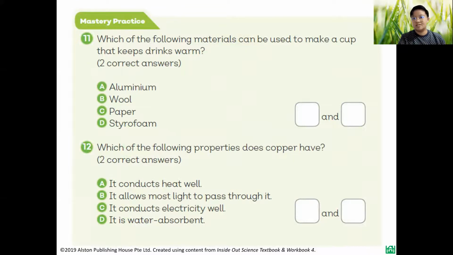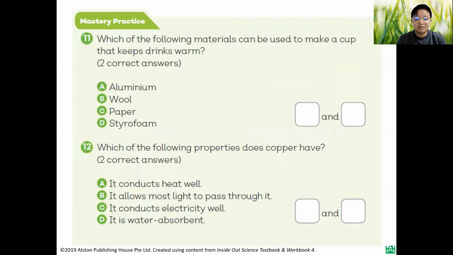Okay, we're heading towards the end. Number 11. Which of the following materials can be used to make a cup that keeps drinks warm? Okay, so we will be needing heat insulators here. Definitely aluminum is not the answer. Letter B, wool, has a different use.